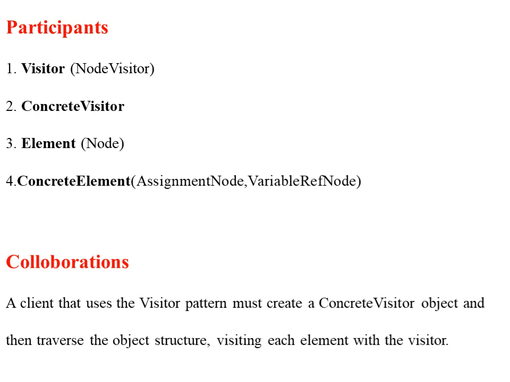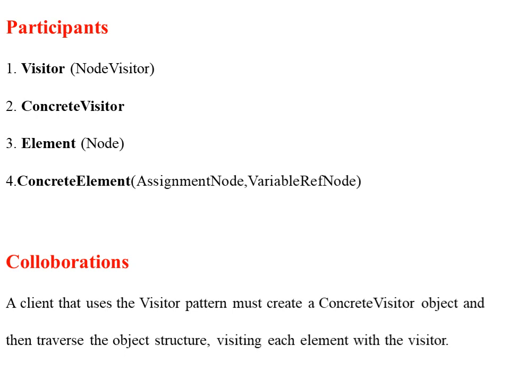Next, the concrete element, like assignment node or variable node, implements the accept operation. That is the fourth participant. Lastly, the object structure is also one of the participants in the structure. I didn't mention it here.